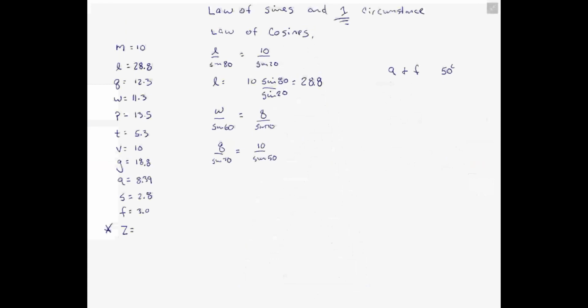But I had A, and I had F, and I had one angle, 50 degrees, for that one triangle.